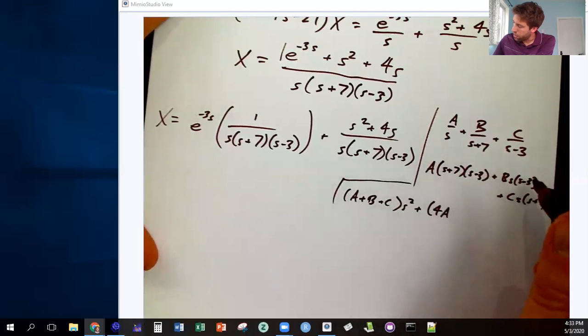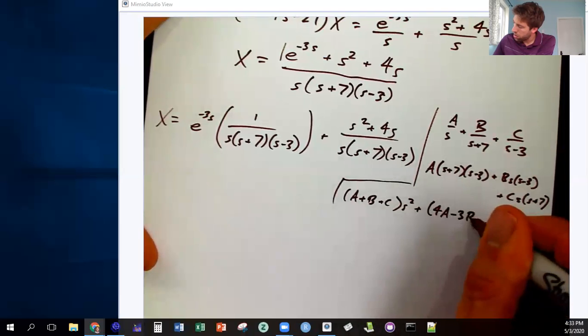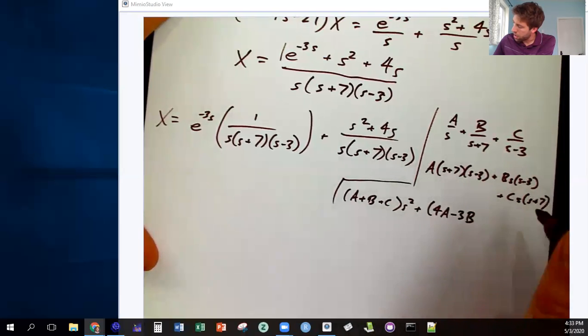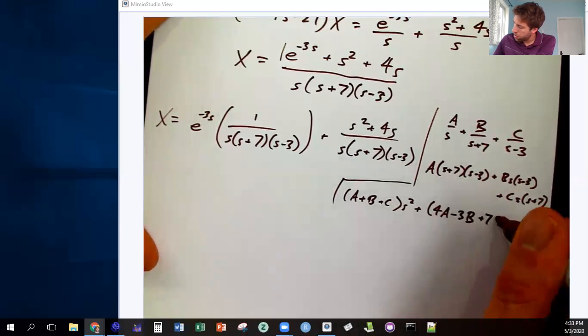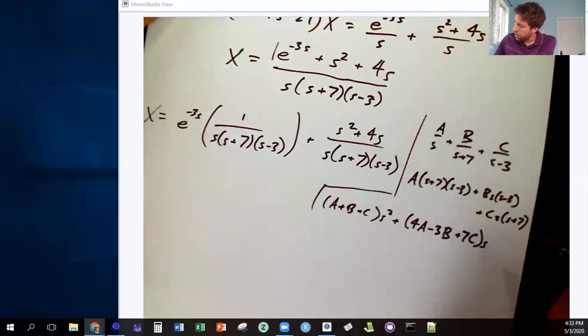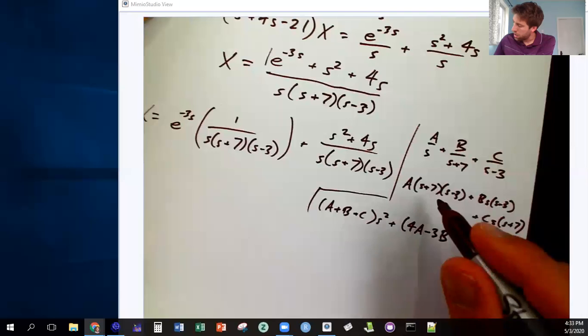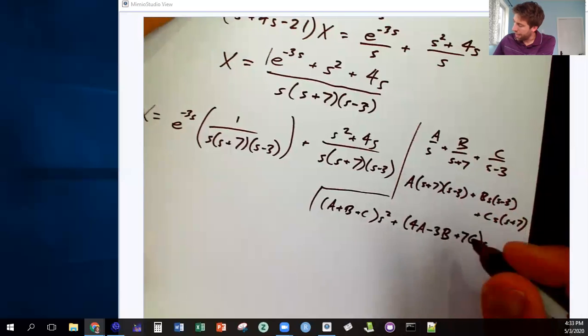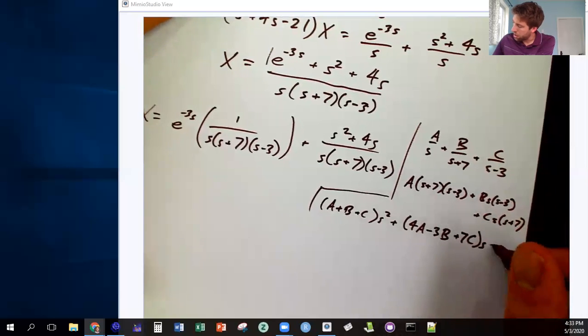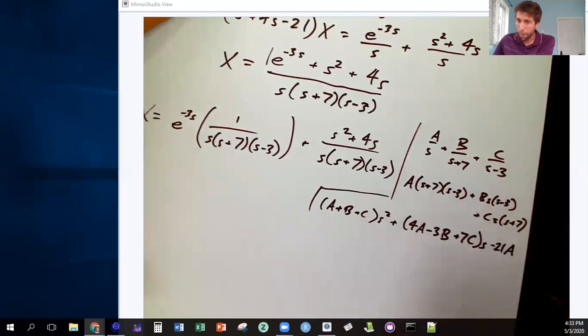Then how many regular s terms here is minus 3b. And then how many regular s terms there? Plus 7c times s. And then the only number term is a, so minus 21a.